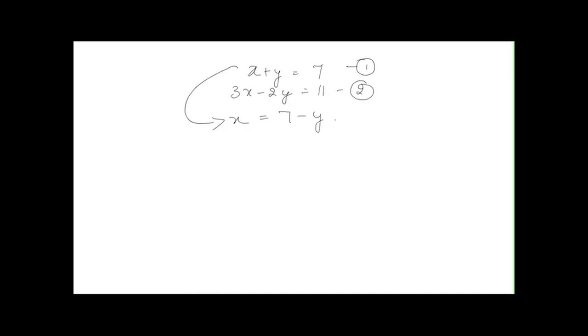Now put this value here. 3 into 7 minus y, minus 2y equal to 11. So how much is y? That is 7 into 3, 21, ma'am. 21 minus 3y minus 2y equal to 11.